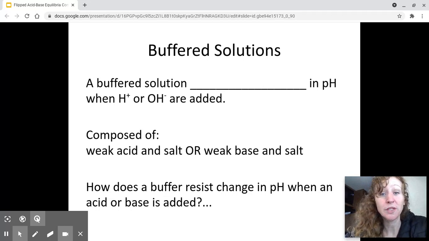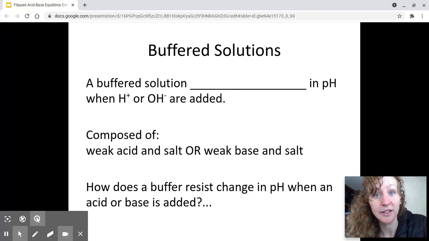So that's really important for something like human's blood. For example, human's blood is buffered at a very specific pH. It's close to neutral, but it's not exactly neutral. But humans are not very hardy beings, right? We can't resist spikes in temperature.